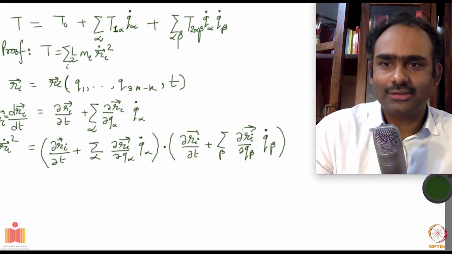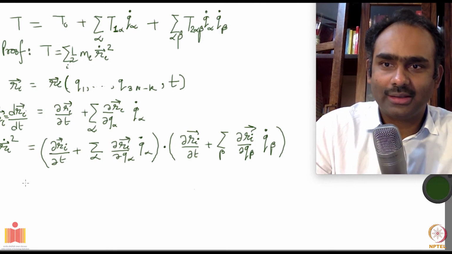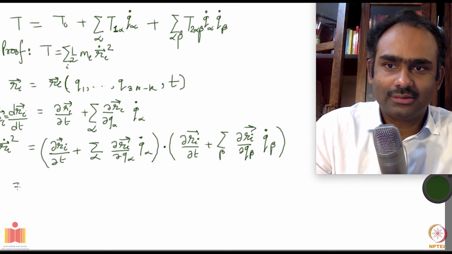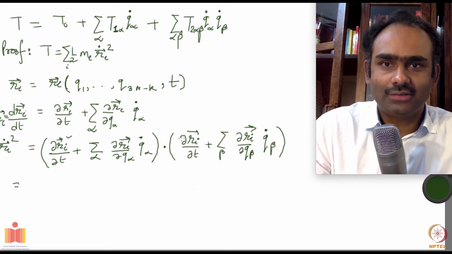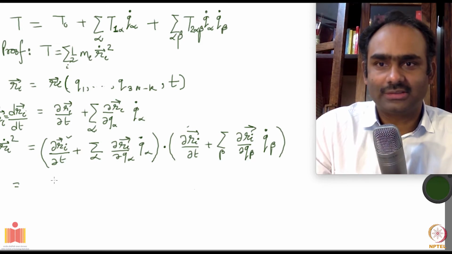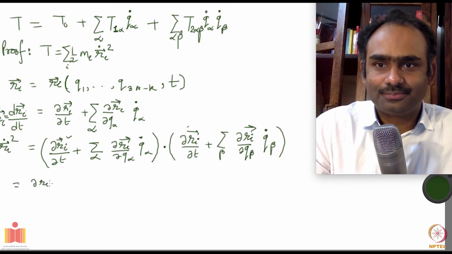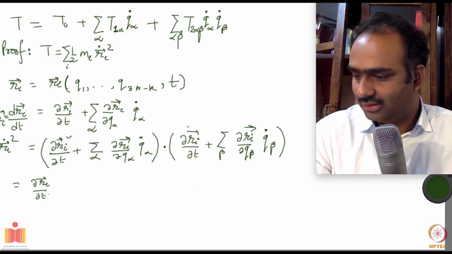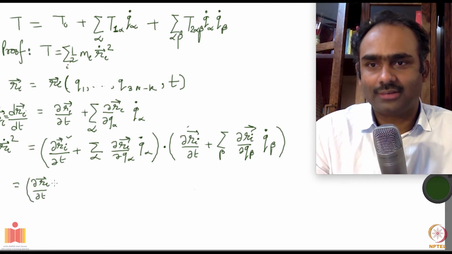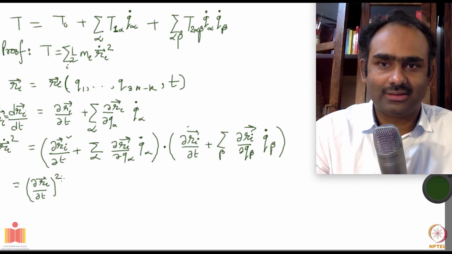That's good. Now I should take the dot products. I take a dot of this with that, which is easy: del r_i over del t squared.